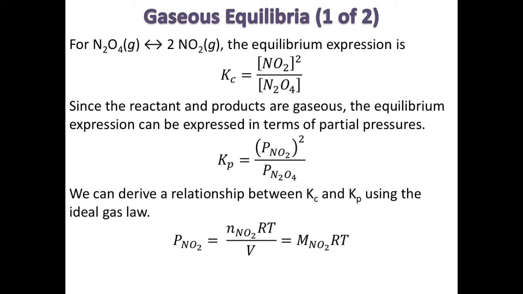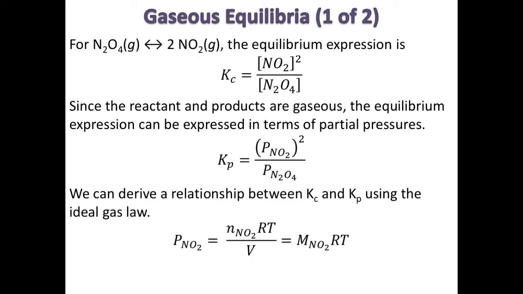When the reactants and products are gaseous, the equilibrium expression can be expressed in terms of the partial pressures of the individual gases. So for example, in the reaction above where N2O4 decomposes into 2NO2, the Kp, because of pressure, is the partial pressure of NO2 squared divided by the partial pressure of N2O4.